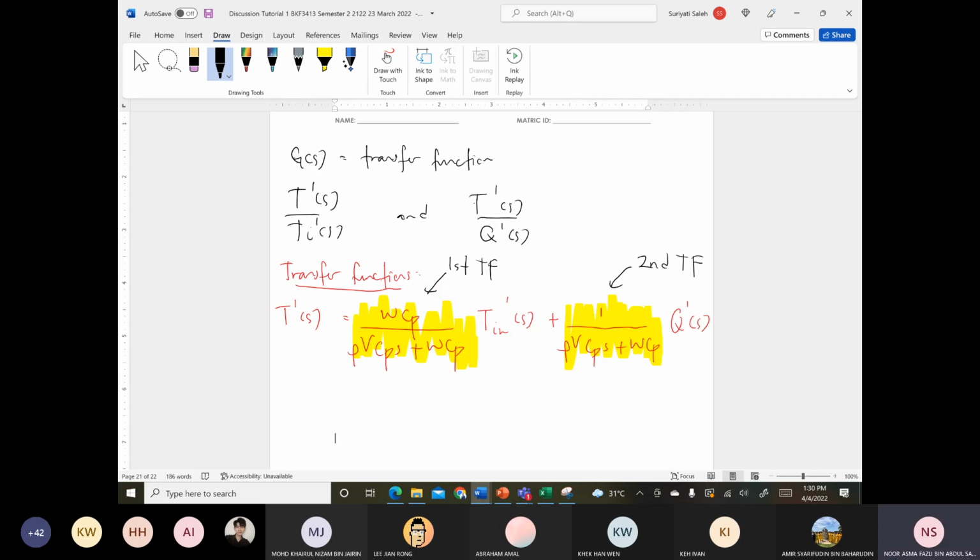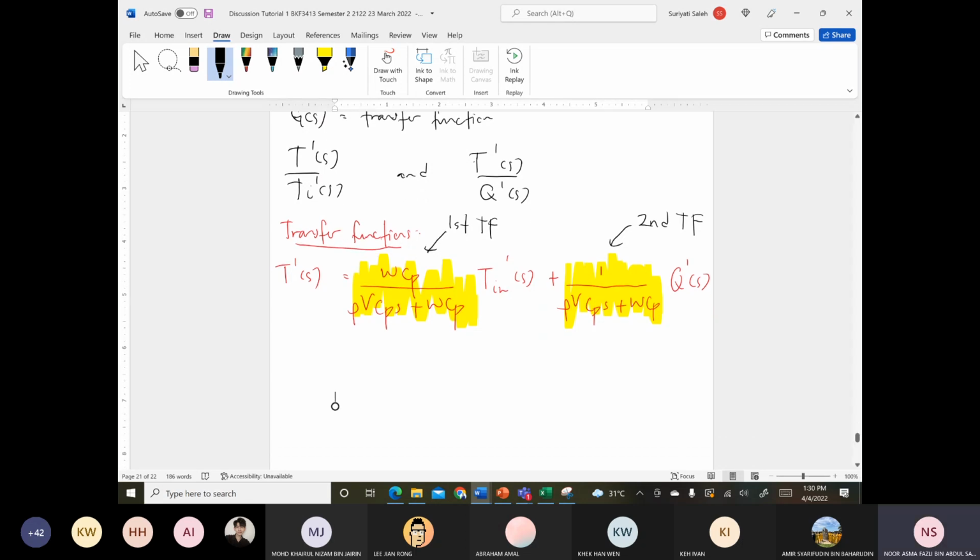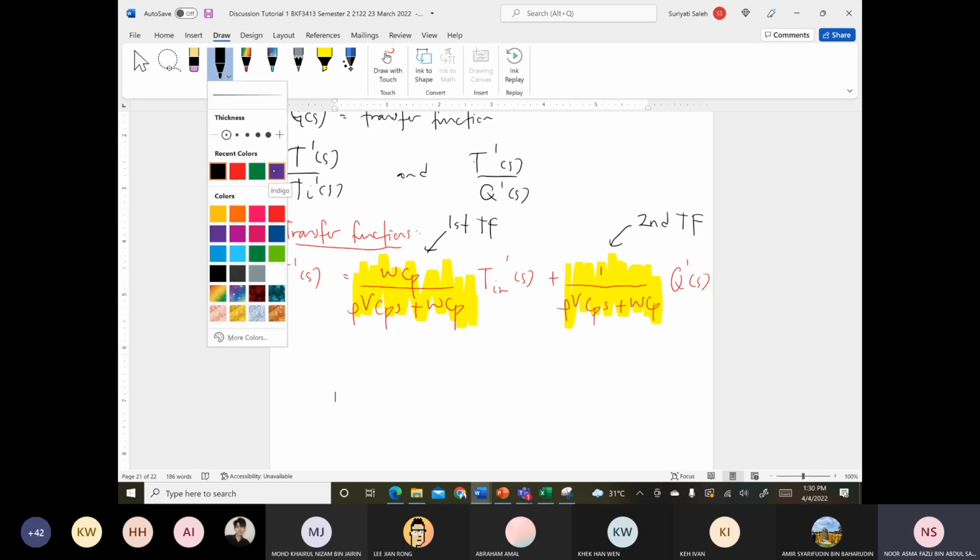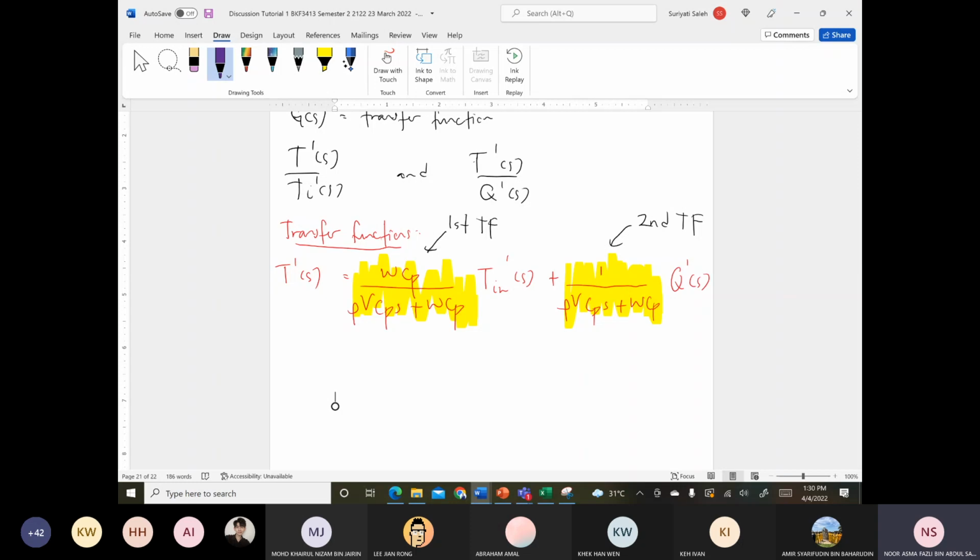So based on this, we can say that the two transfer functions are involved for the energy balance. And then the next step, once you obtain the transfer function, is to rearrange or restructure it according to the first order form, where the first order must have the following form: K over tau S plus 1.